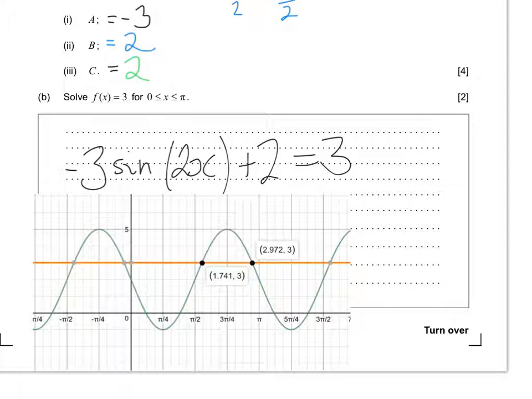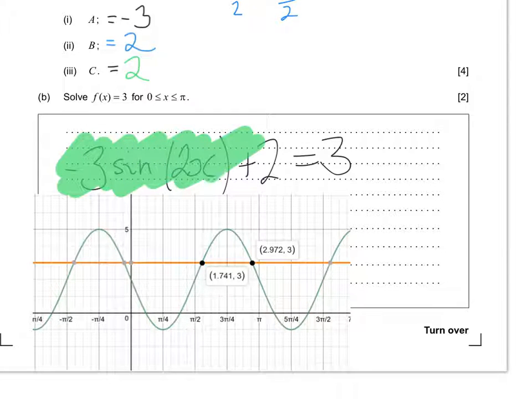So if you graph these 2 functions on your calculator, you get the curve that you're supposed to get, that you're given in the question. Looks like that, and that's a good way to check that you've got the answer right, because if your curve doesn't look like the one they've given you, you've done something wrong. And I've graphed y equals 3, the orange straight line going straight across.